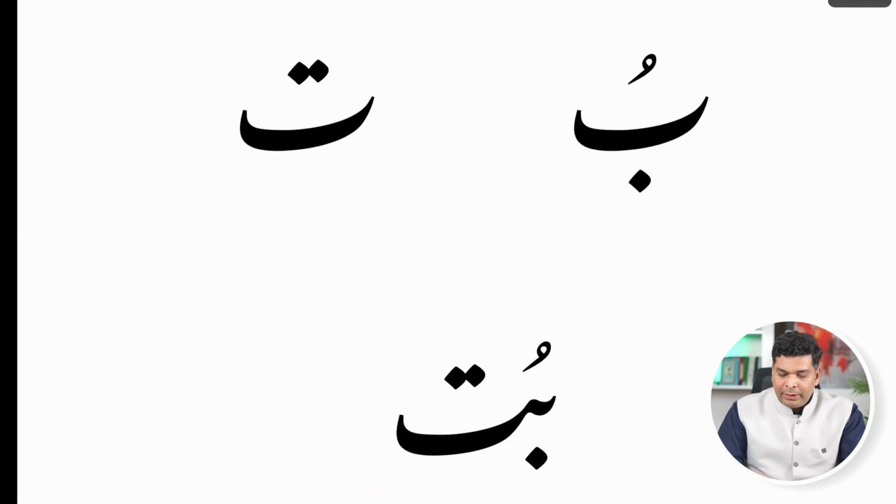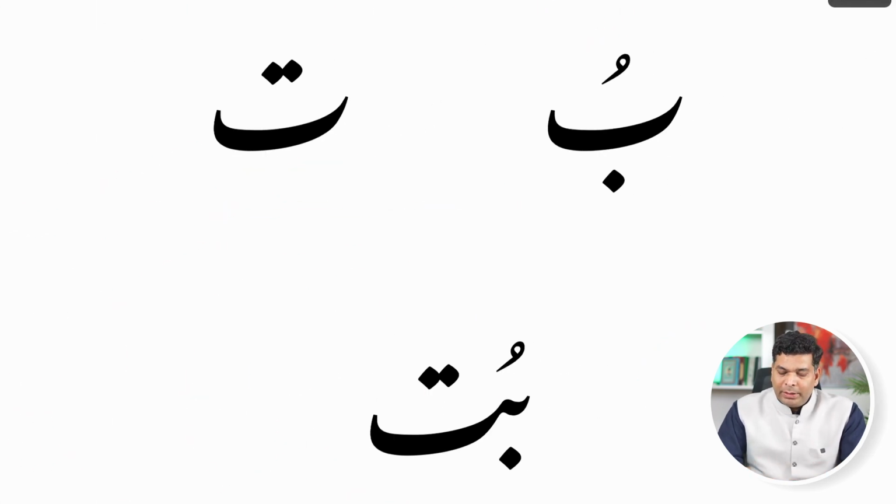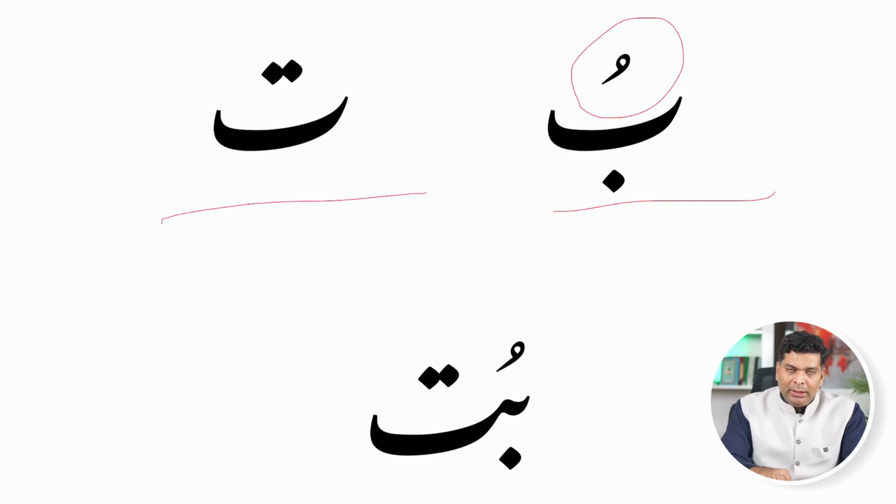Now let's move further to another word. In this case, we have, if you recollect, be, which has a pesh, so it becomes bu. And then it has the letter te. Be, pesh, bu, te together becomes but.